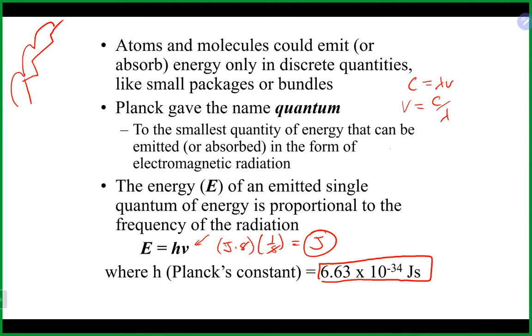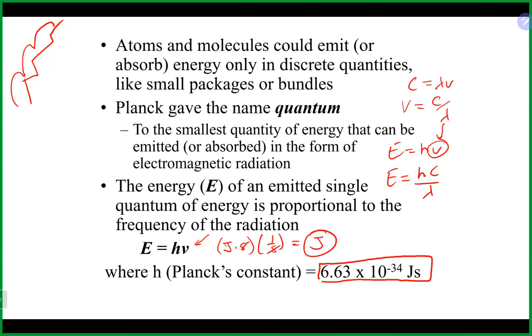When we take E equals h times the frequency, we can put that in and get E equals hc divided by the wavelength. H and c are both constants, which means that if you just know the wavelength, you can figure out the energy associated with it. And if you know the frequency, you can just plug it into the original version of that equation.